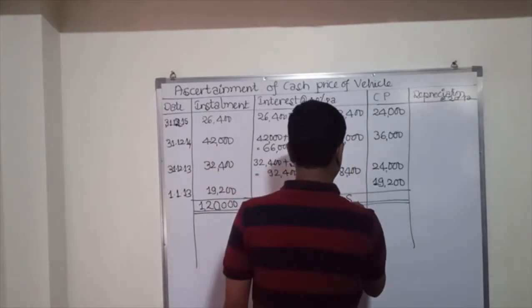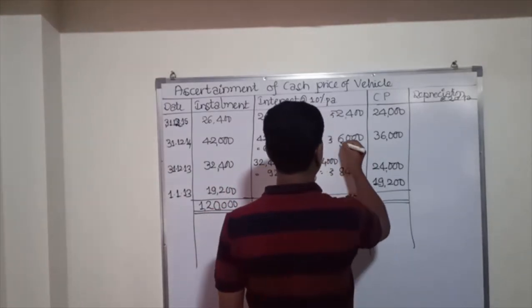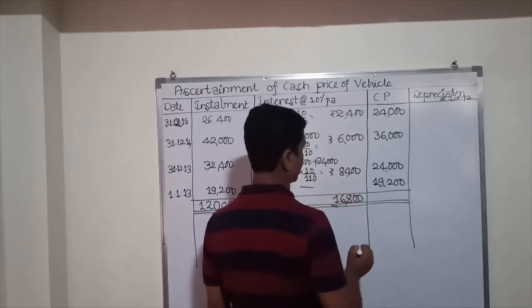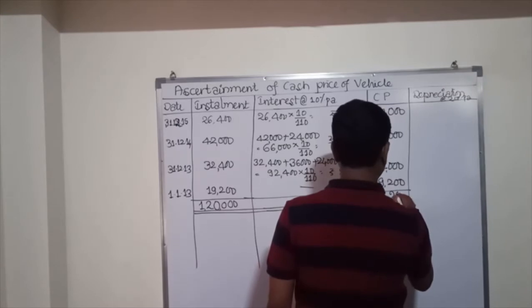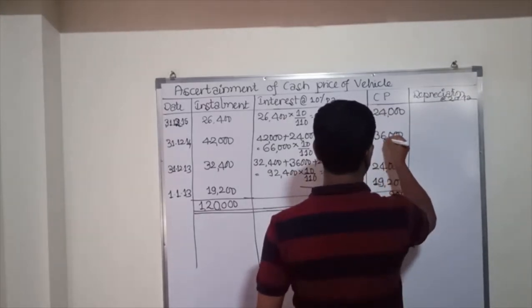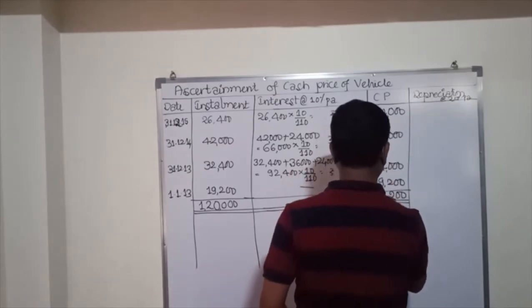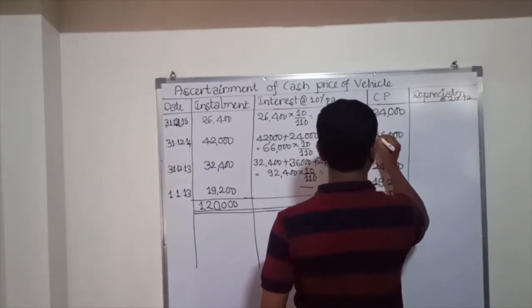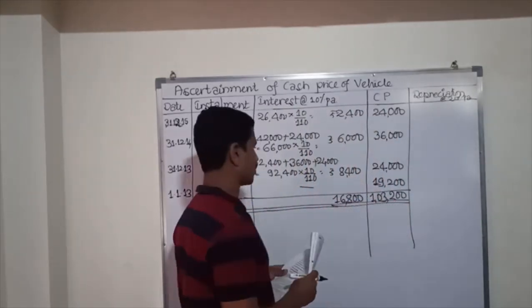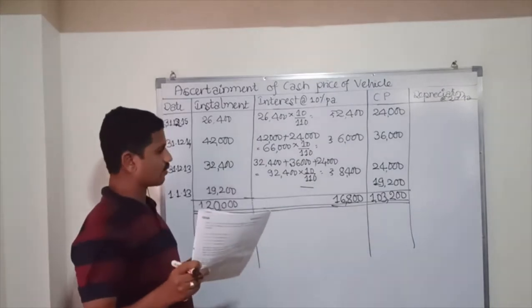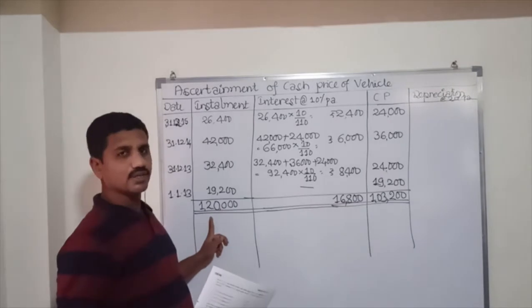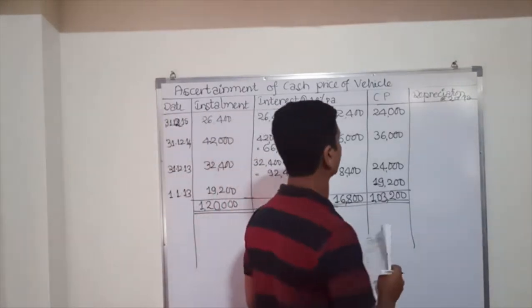Totaling the interest column, we get 16,800. Totaling the principal column, we get 1,03,200. Even if you subtract this 16,800 from 1,20,000, you will get 1,03,200 only.